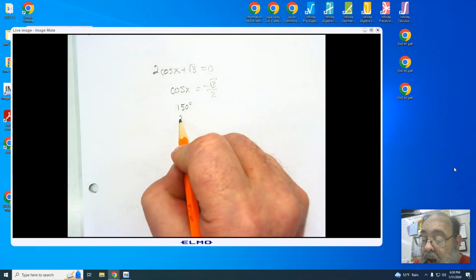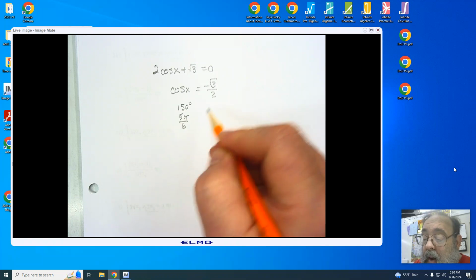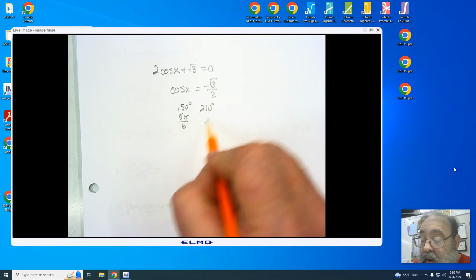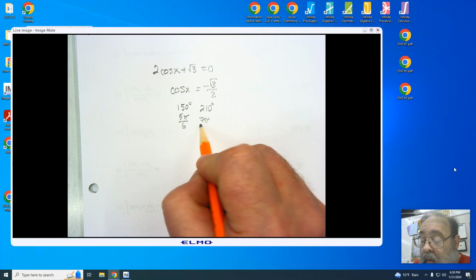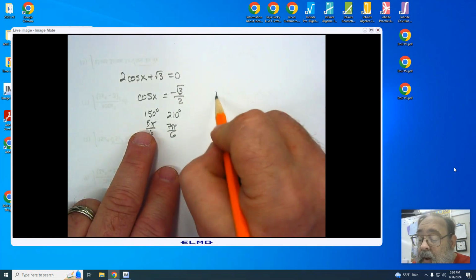This is 5 pi over 6. We also can then find in the third quadrant, 30 degrees plus 180 is 210 degrees, which would give me 7 pi over 6.